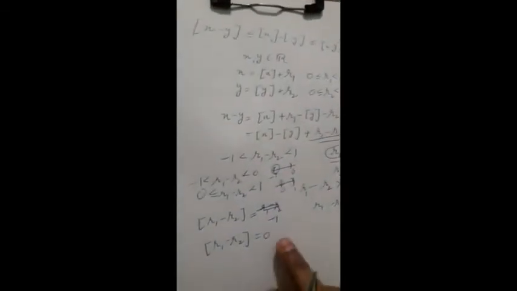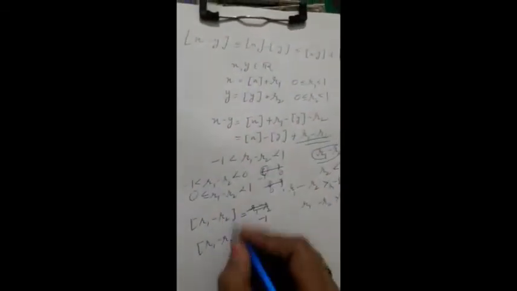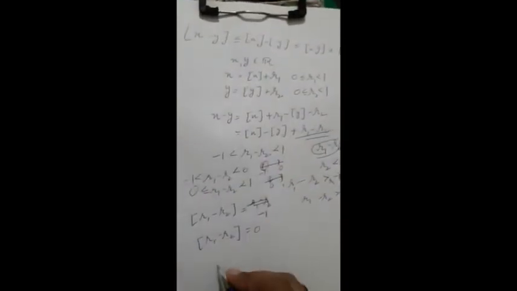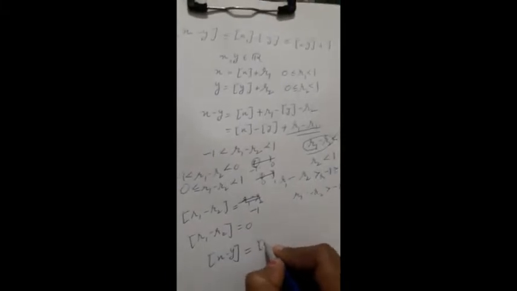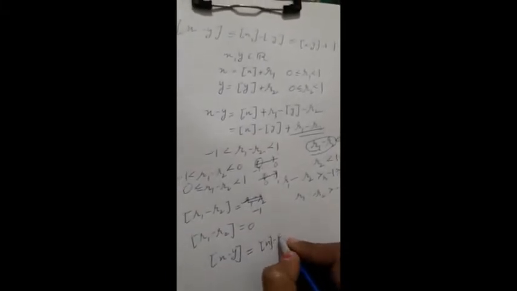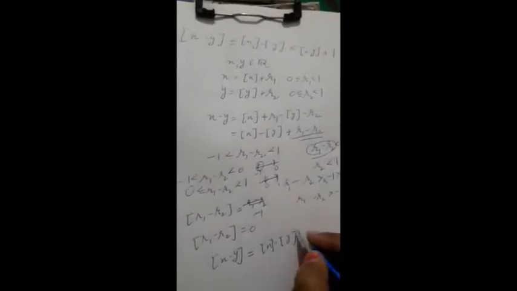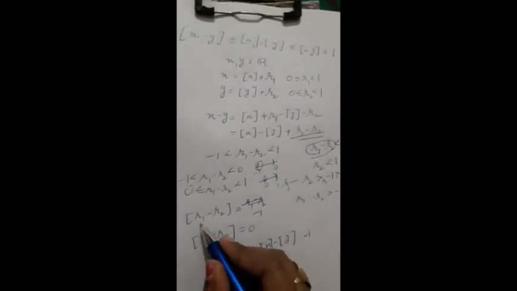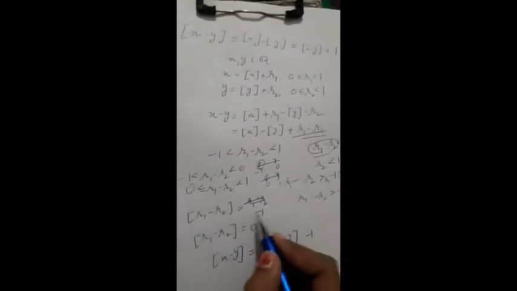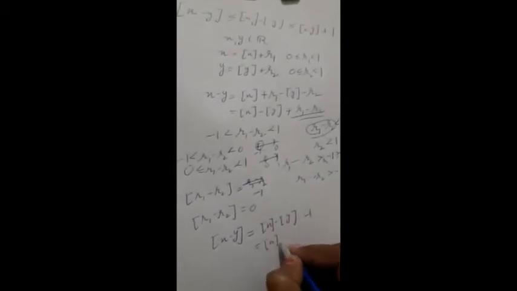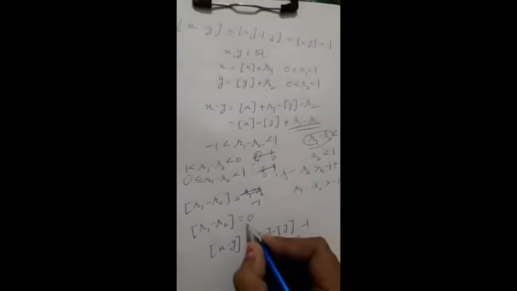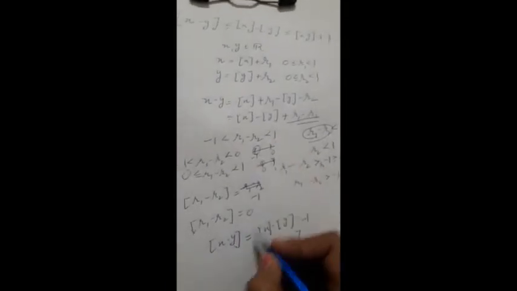So using these two conditions, we put it here. What is the value of greatest integer of x minus y? Either it is greatest integer x minus greatest integer y minus 1, taking the first value of greatest integer of r1 minus r2, that is minus 1, or it is greatest integer x minus greatest integer y plus 0.